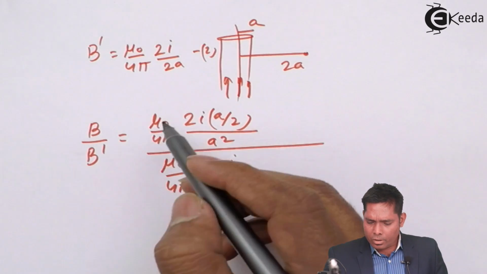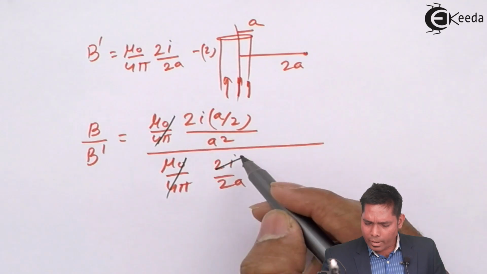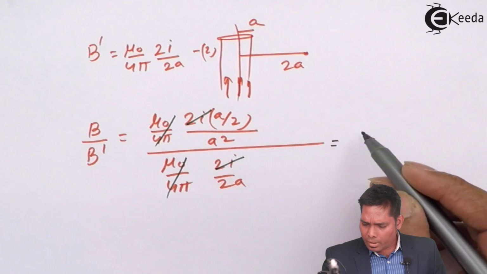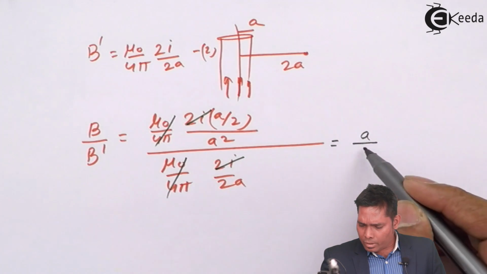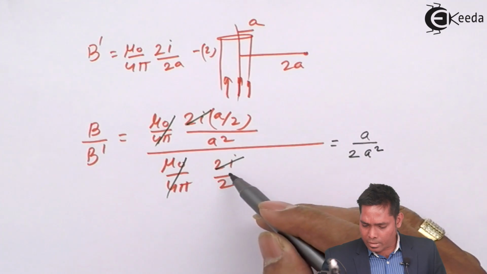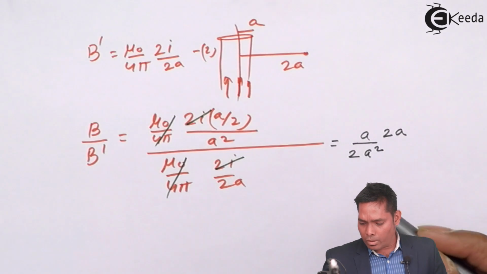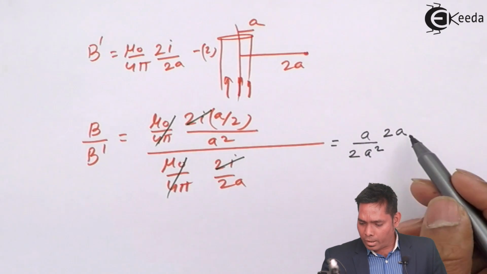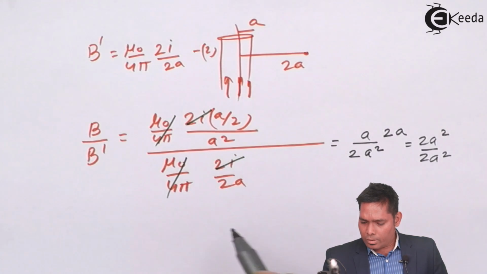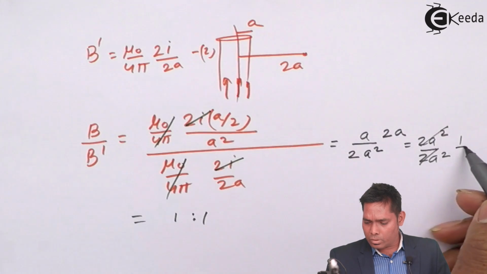Solving this, mu naught upon 4 pi and 2I cancel. The numerator gives A by 2 over A square, the denominator gives 1 upon 2A, so both become 1 over 2A, and the ratio is 1:1.